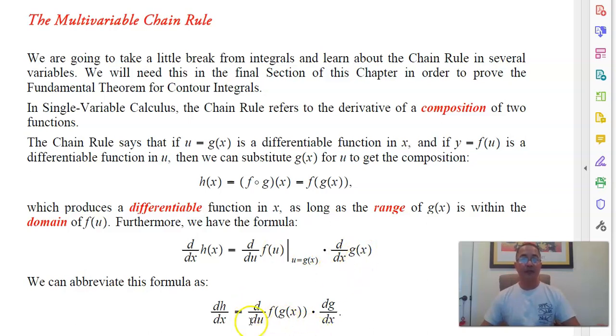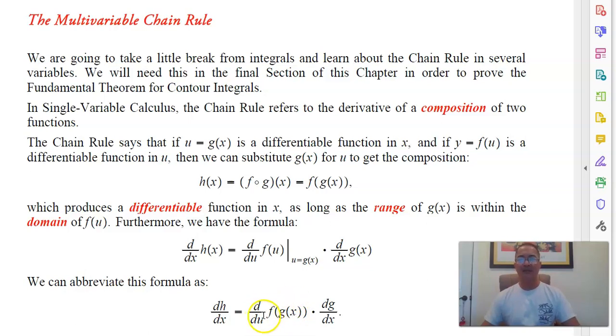So another way to say this, maybe in a slightly simpler way, is to write this first factor as the derivative with respect to u of f evaluated at g of x. Now the problem with this notation is that you might think, okay, I'm going to take this whole thing, I'm going to differentiate with respect to u. Now wait a minute, there is no u here anymore.